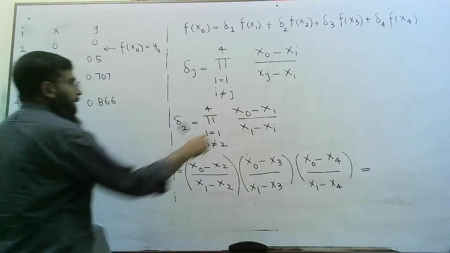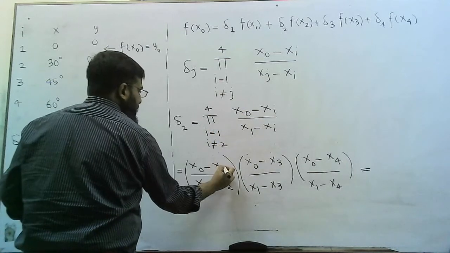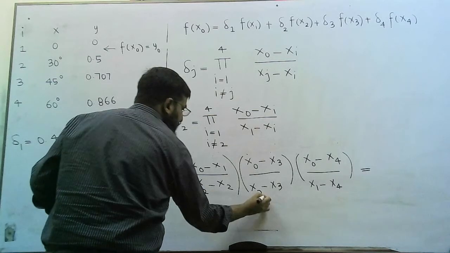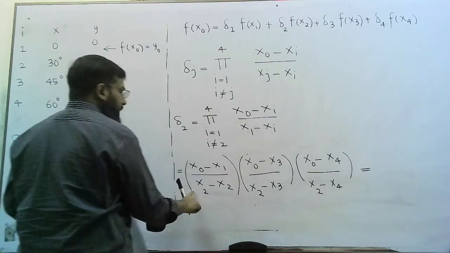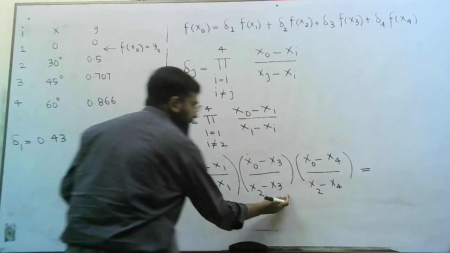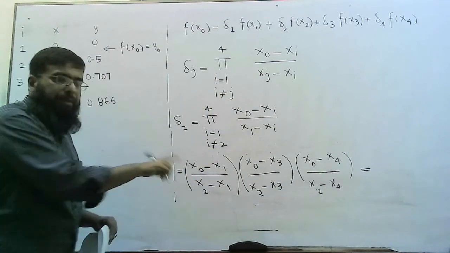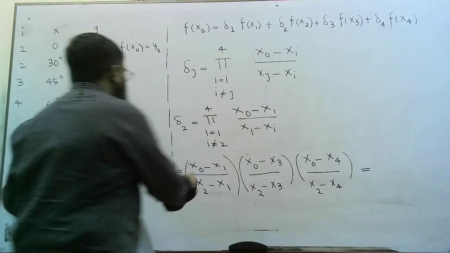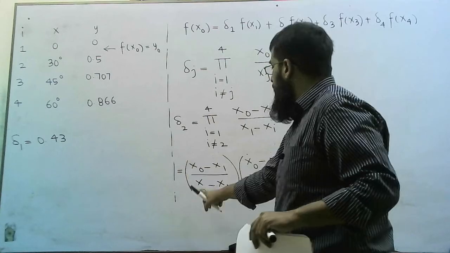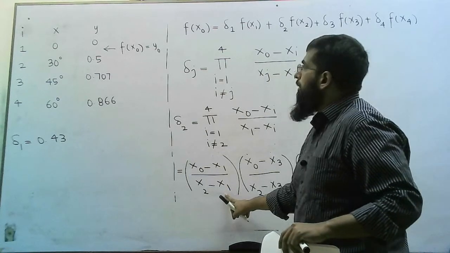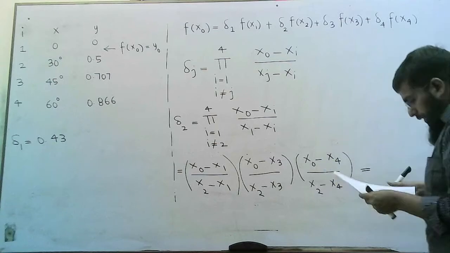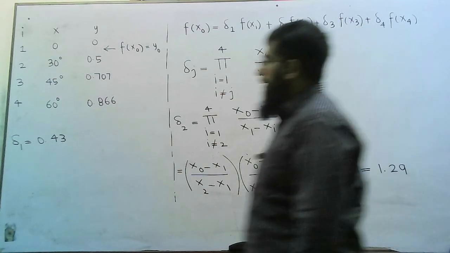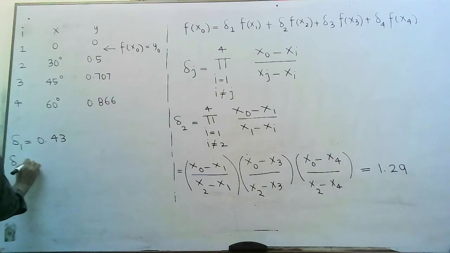So x2 minus x1, x2 minus x3, x2 minus x4, and we skip the term for i equal to 2. We plug these values from this data table: x0 is 10, x1 is 0, x2 is 30. If you plug all these values, del 2 comes out to be 1.29. So let's write it here, 1.29.